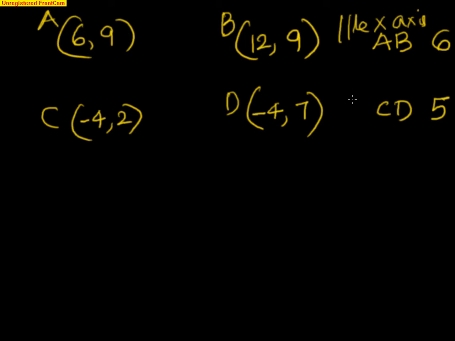Similarly, CD is parallel to the y-axis because in AB the y coordinate is constant, and in CD the x coordinate is constant. You can check whether you got these values.